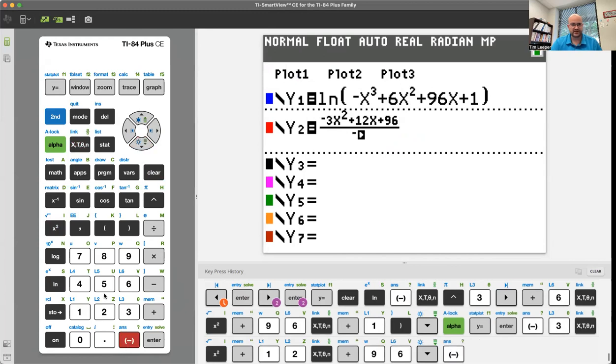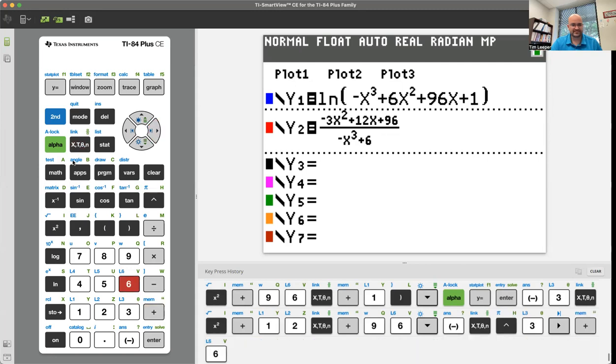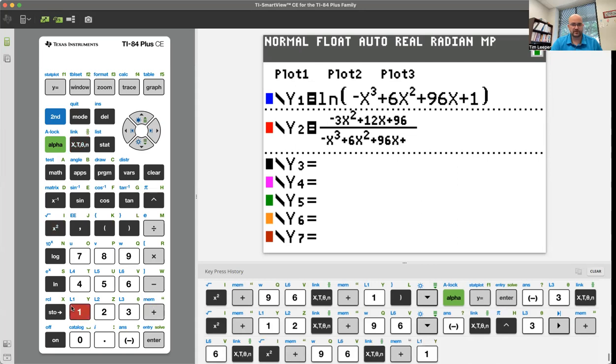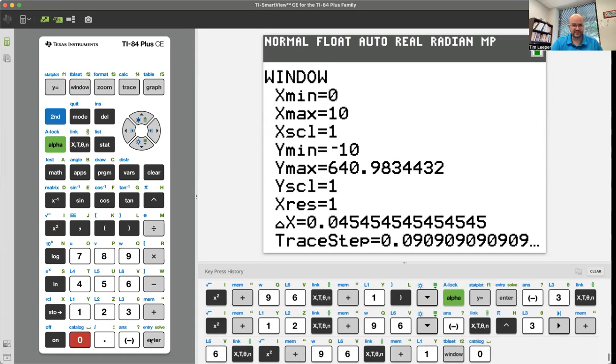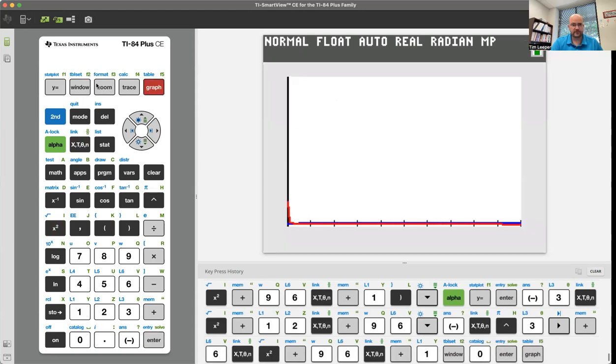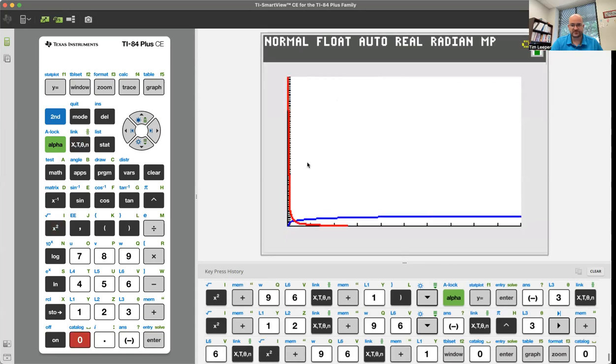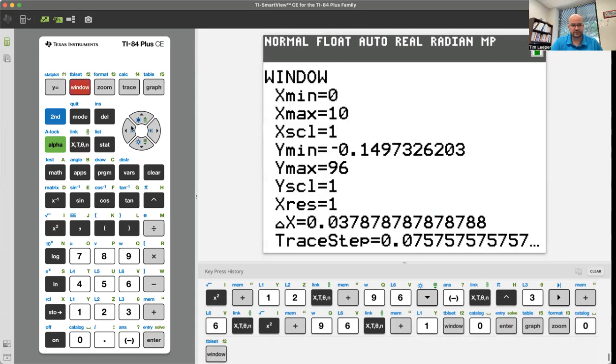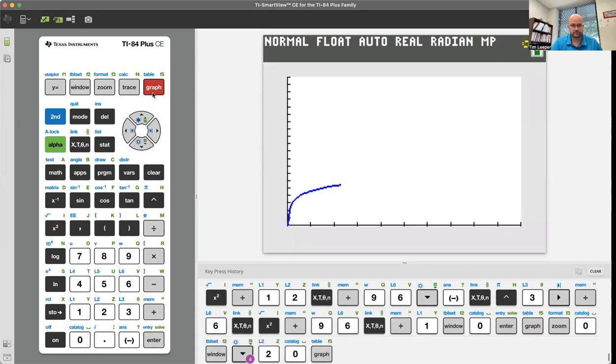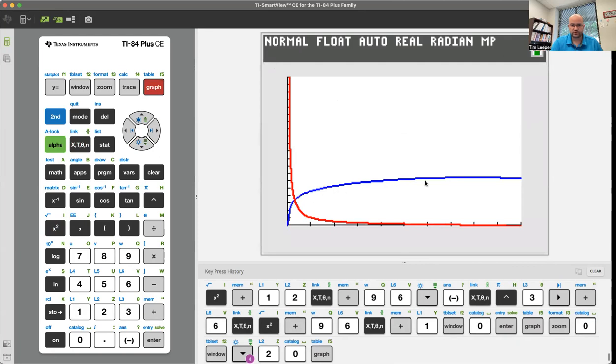The denominator again was just negative x cubed plus 6x squared plus 96x plus 1. Good deal. And the window, of course, is 0 to 10. And if I do zoom 0, it makes it a little bit easier to see. Actually, let's make the maximum 20. There we go. So the blue is the original function. So notice that it's going up until that point, and then it starts going back down.